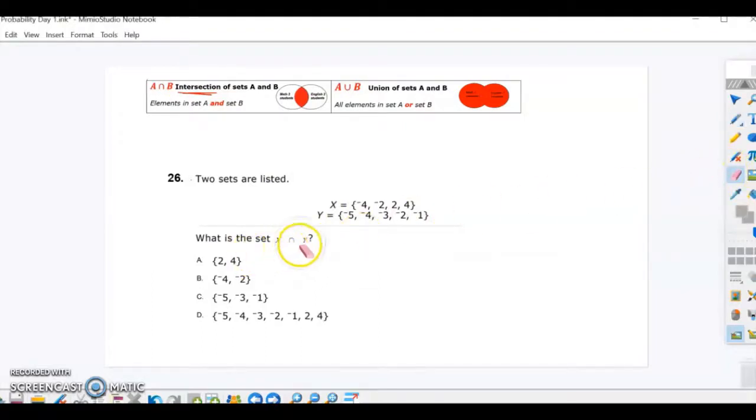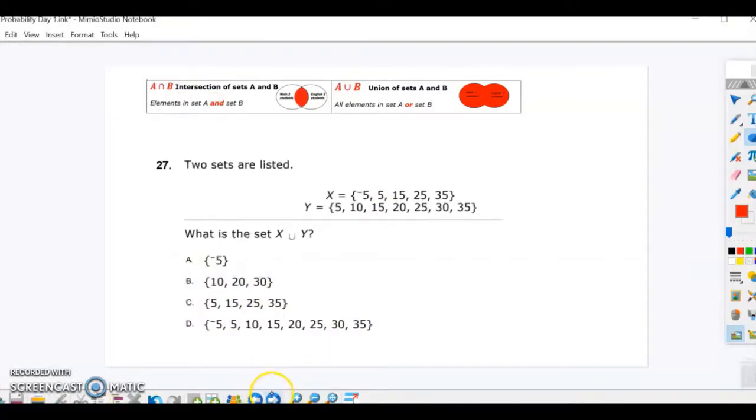Has to be in X and Y where they would overlap. So see if you can find the intersection. And you should notice that both of these have a -4, and both of these have a -2. So the intersection of these two sets would be -4 and -2.